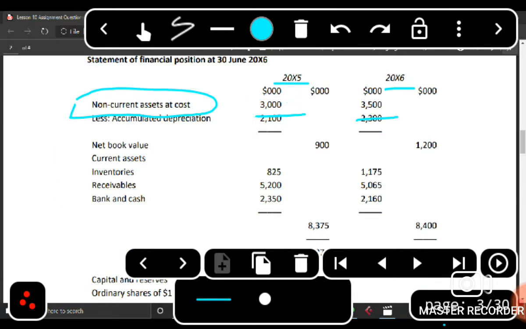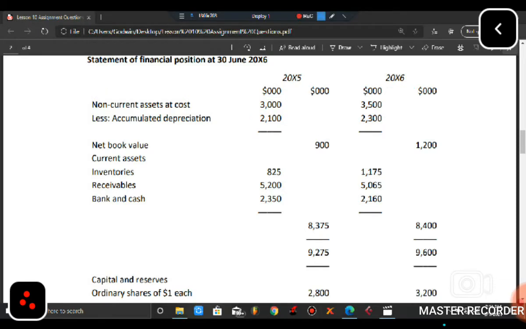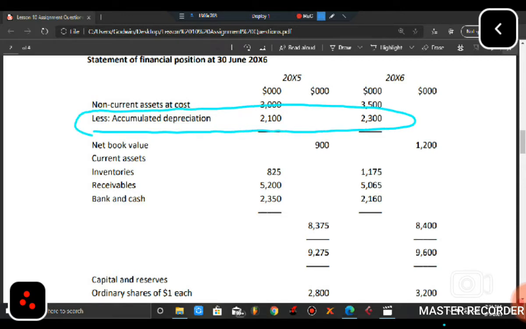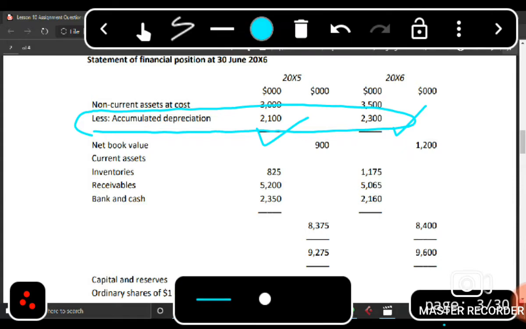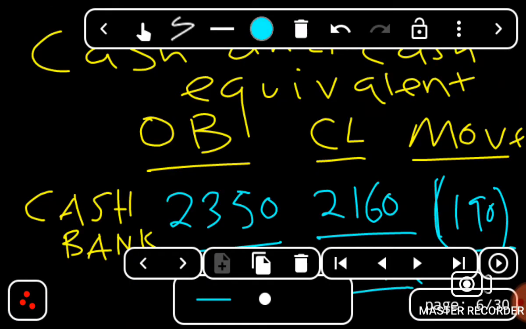Okay, so in your question you find out that you have accumulated depreciation, and these are your figures. This is your opening balance, this is your closing balance. So where we've written balance brought forward, we're going to put 2,100, and where there is a closing balance, we're going to put 2,300.